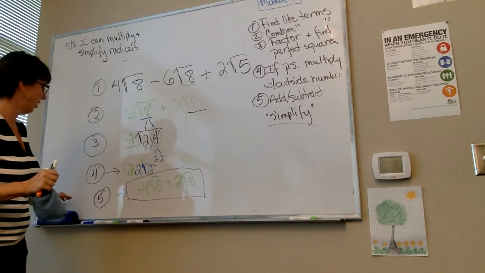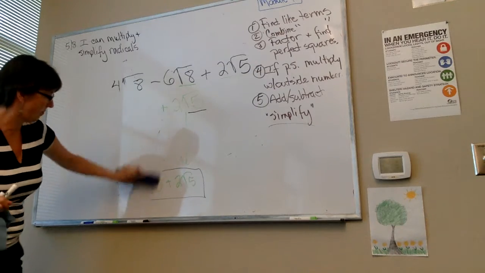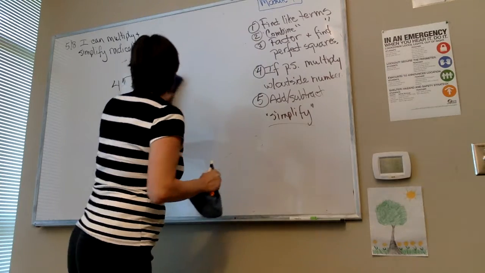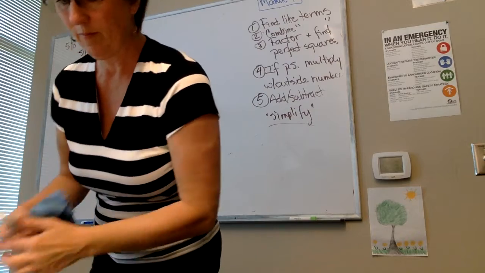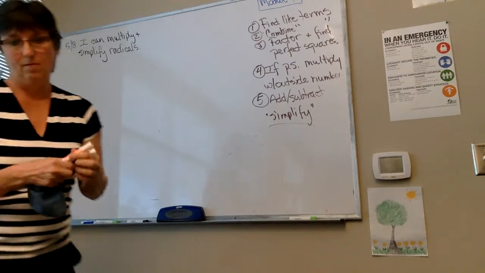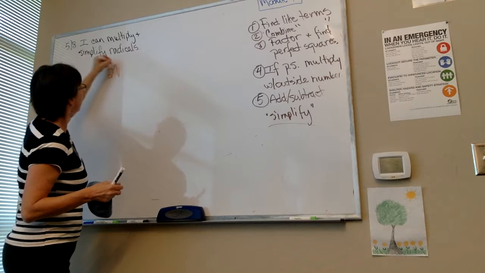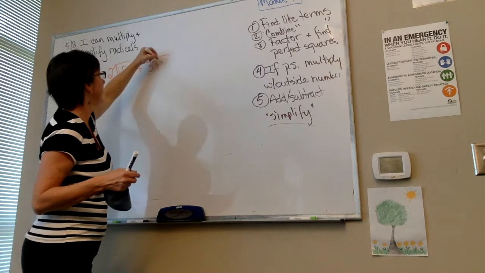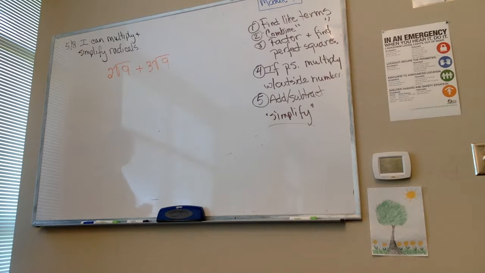All right, let's do another problem. How about 2 radical 9 plus 3 radical 9? Add 2 and 3.